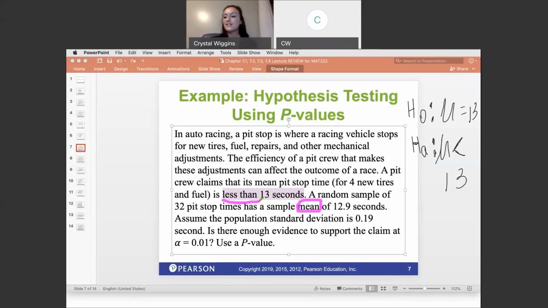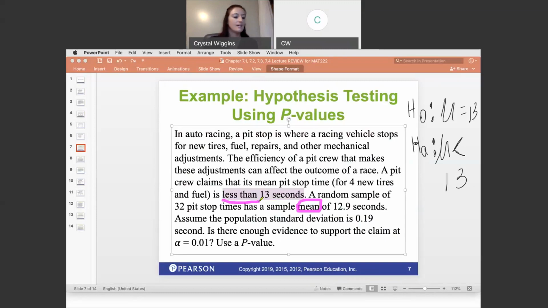So that's my setup. I have mu equal to 13 and mu less than 13 for my alternative. Don't forget to label that the alternative in this situation is your claim, because remember, we're going to have to make a conclusion at some point.